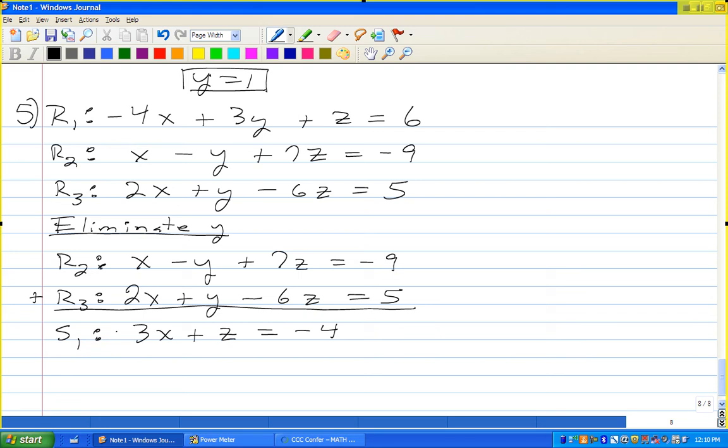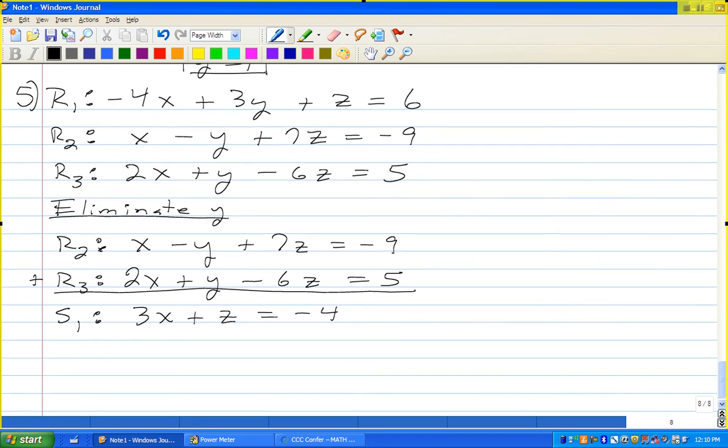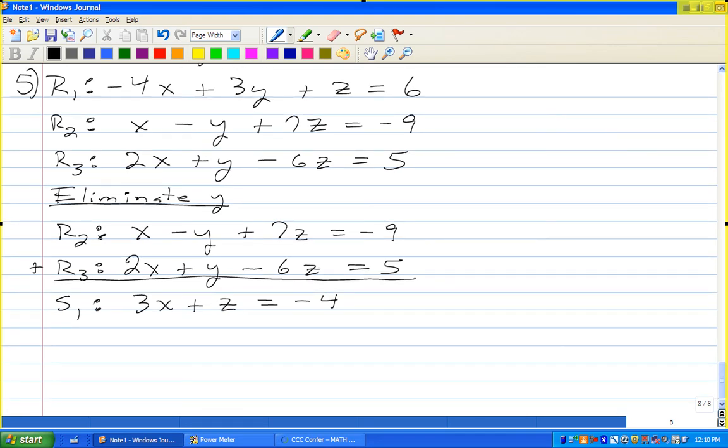Now I have an equation with two variables. I've used R2 and R3, so I need to use R1. I want to eliminate y. R1 and R2 then. And so let's do R1, negative 4x plus 3y plus z equals 6, and 3R2.